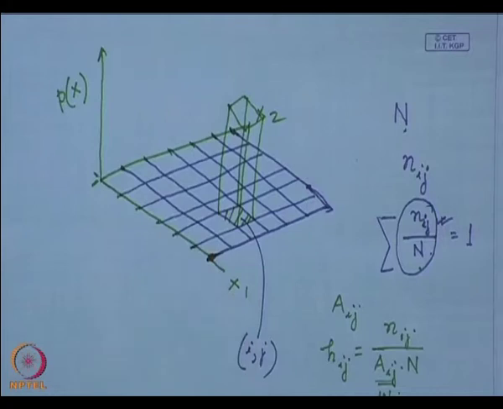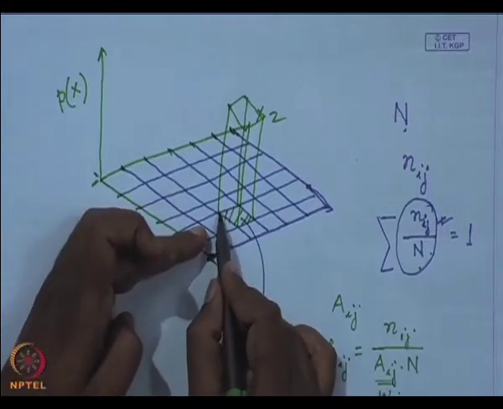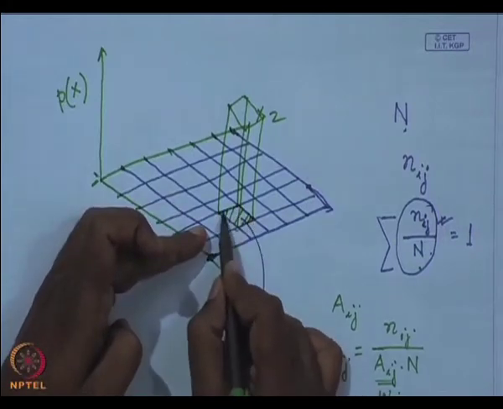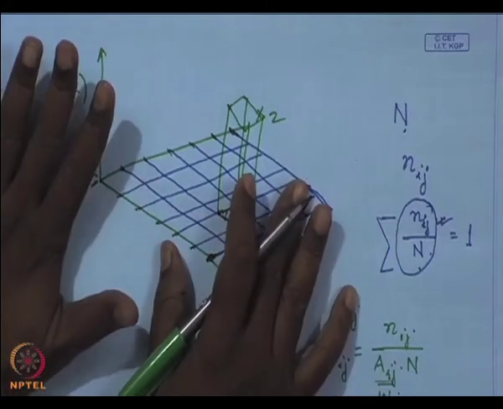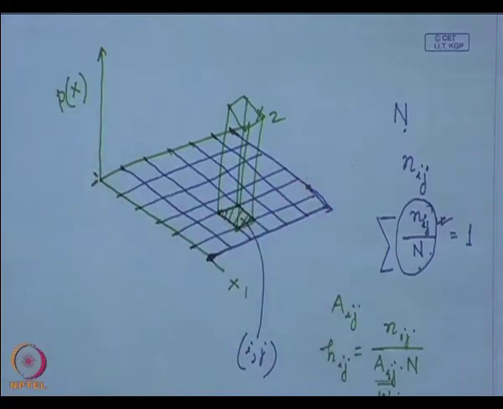Over here this is not the width, but the area of the ijth bin, which is a_ij.